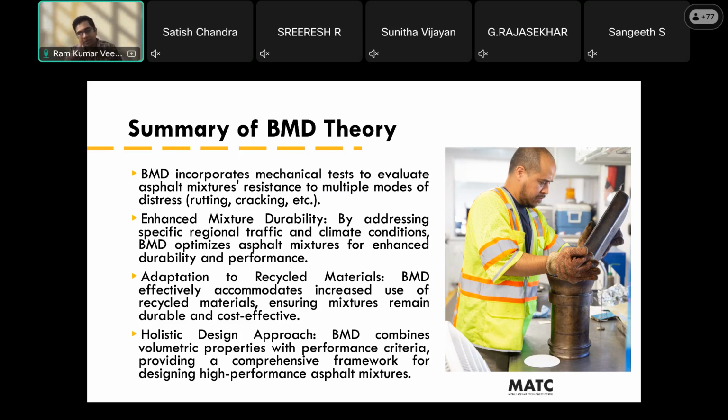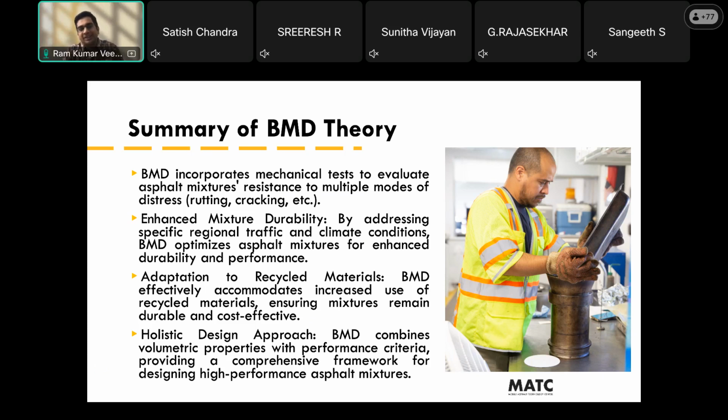So this holistic approach ensures that all aspects of mixtures are considered and optimized for maximum performance. So in summary, BMD offers a robust, adaptable approach to asphalt mixture design, addressing the current challenges that we are having, with a focus on durability, sustainability, and performance.